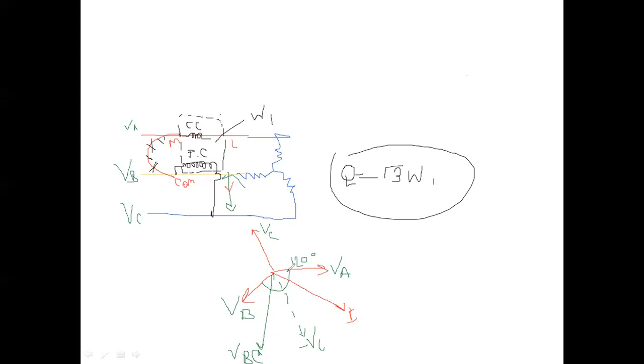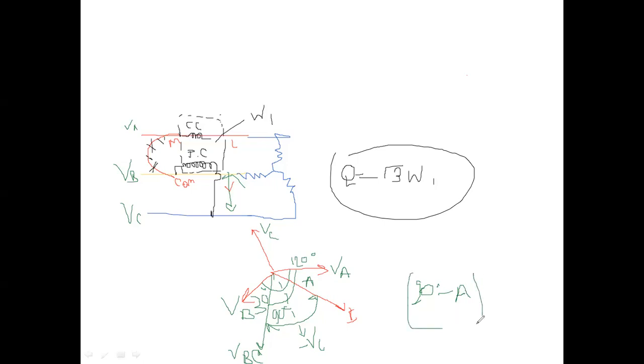Here this is 90 degrees, and this is the 30 degree angle, because 120 degrees minus 90 is 30 degrees. This angle is called A. From VA to VBC is 90 degrees and this is A. So the angle from VBC to I is 90 degrees minus A.